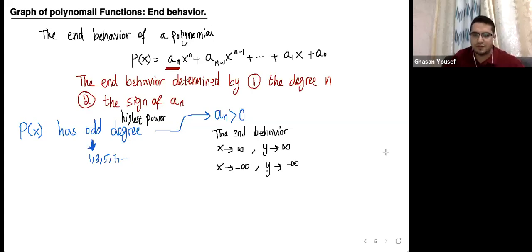So here is a small graph for this. Here is my polynomial, so it's supposed to be like this.